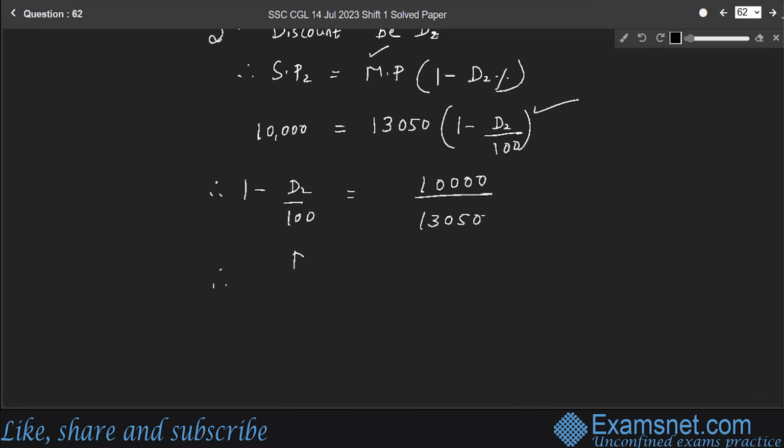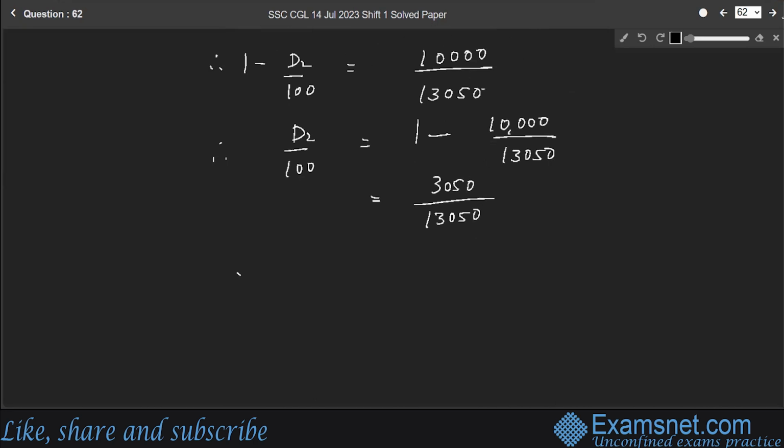Therefore, D2 by 100 is equal to 1 minus 10,000 by 13,050, which is equal to 3,050 by 13,050. Right? Therefore, D2 is equal to 3,050 into 100 by 13,050.